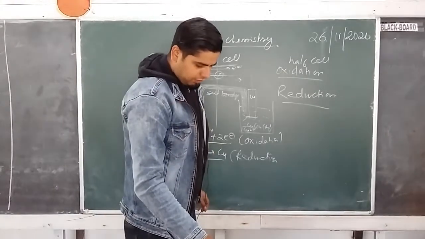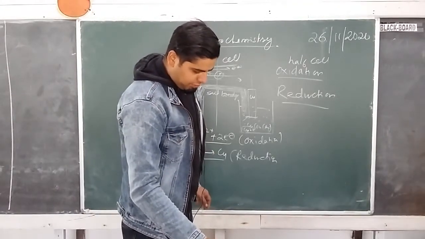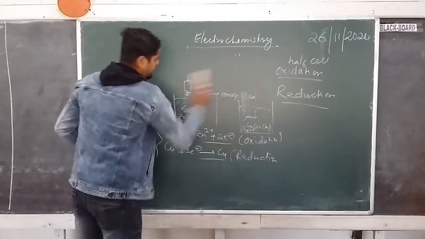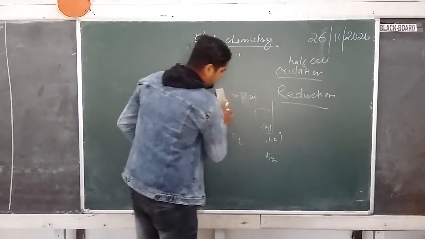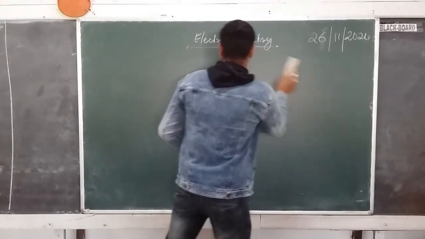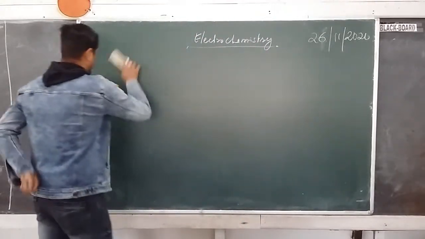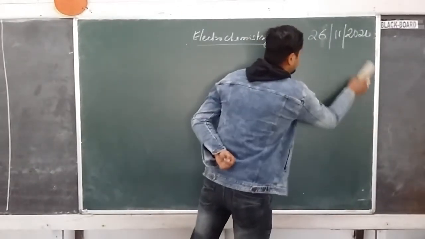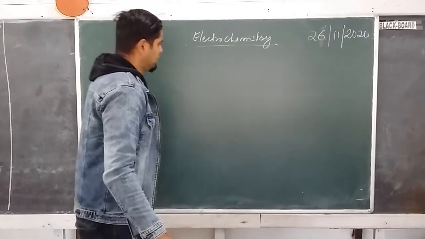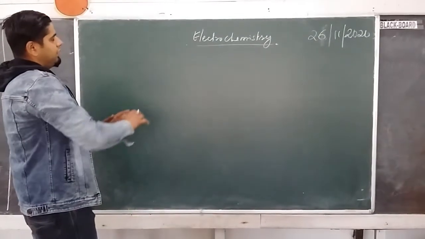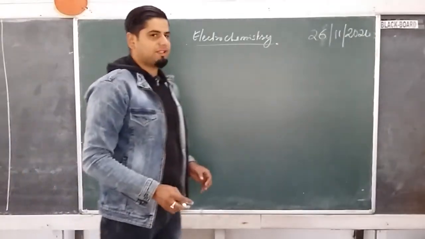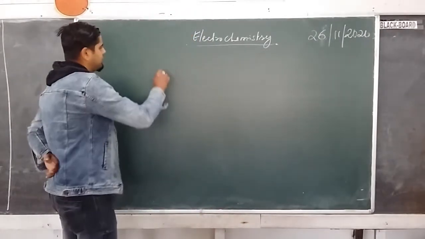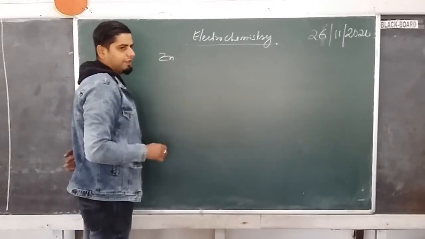Got it? Now, after knowing this, you need to understand how to write or how to form a galvanic cell with the help of an equation. Very easy. I'll give you the same example. Suppose we have zinc.